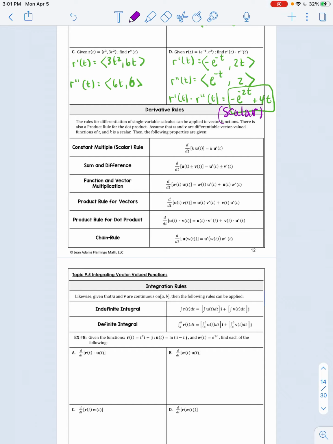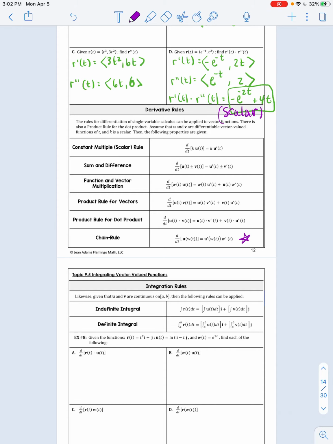And then our dot product rule is going to be, if I was taking the derivative of that, that first function u of t times v prime of t plus v of t times u prime of t. And then our chain rule, the derivative of u of w of t is u prime of w of t times w prime of t.